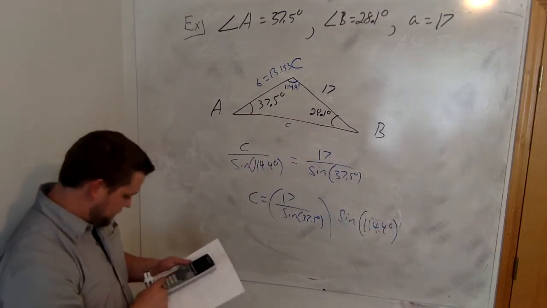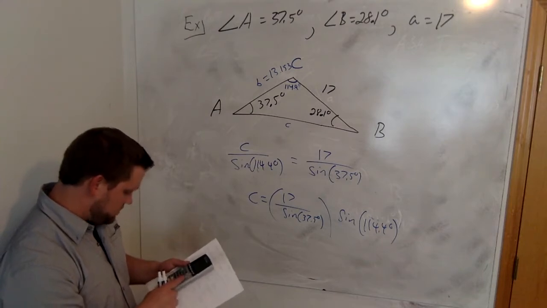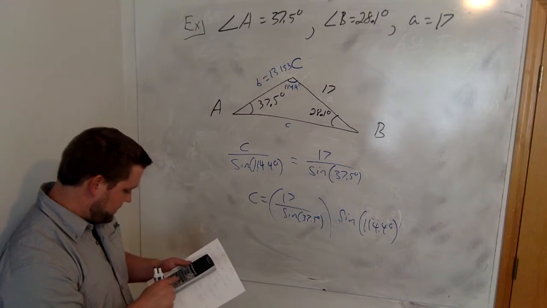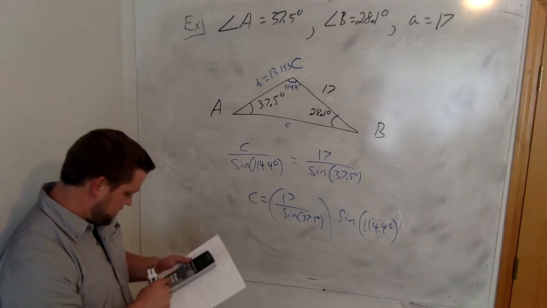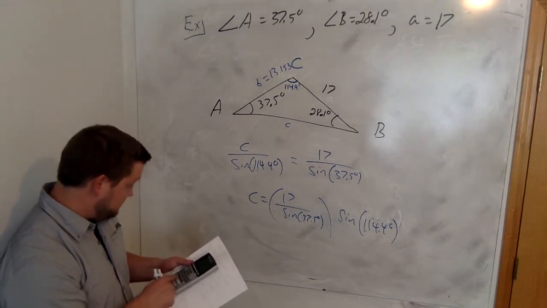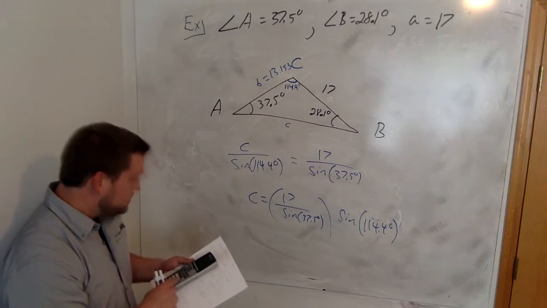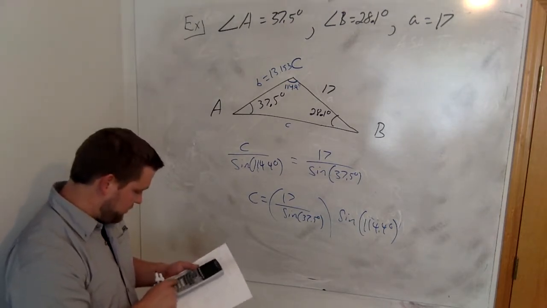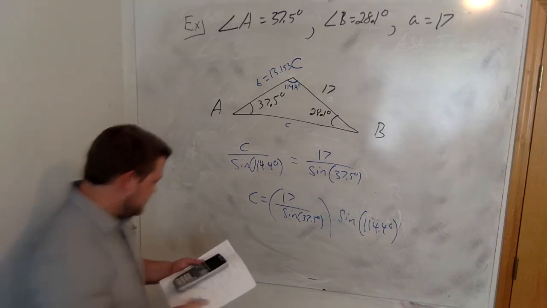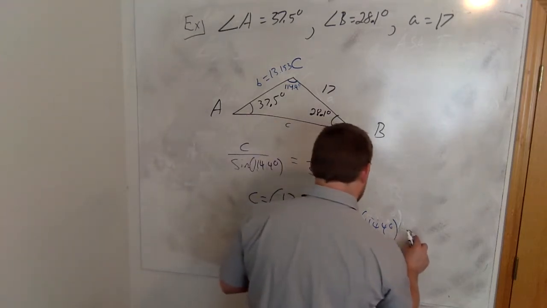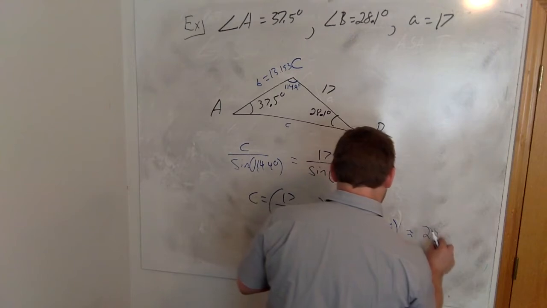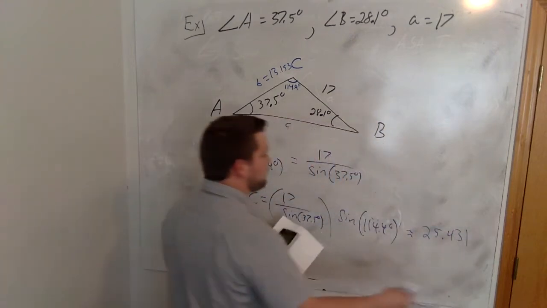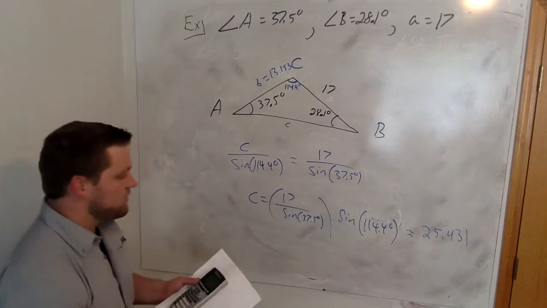Now this is just a calculator exercise, so let's see what we get. 17 divided by the sine of 37.5 times the sine of 114.4. I'm getting that C is approximately equal to 25.4313, so rounding to 3 decimal places, 25.431.